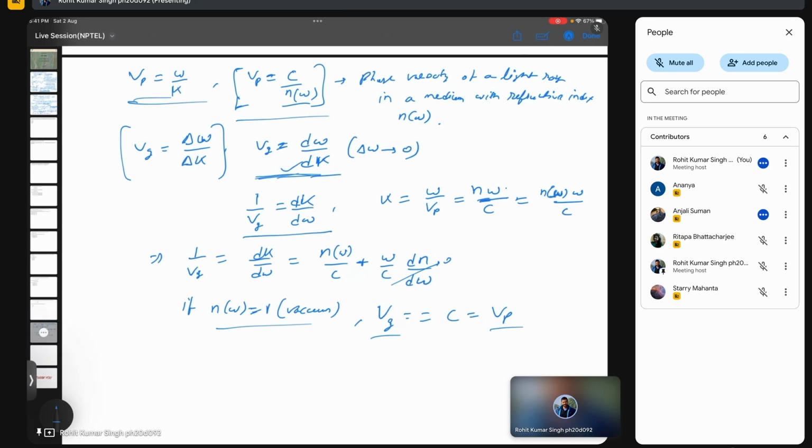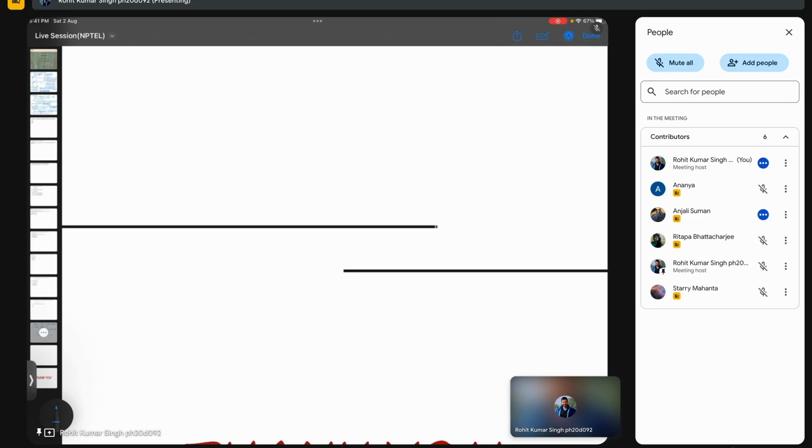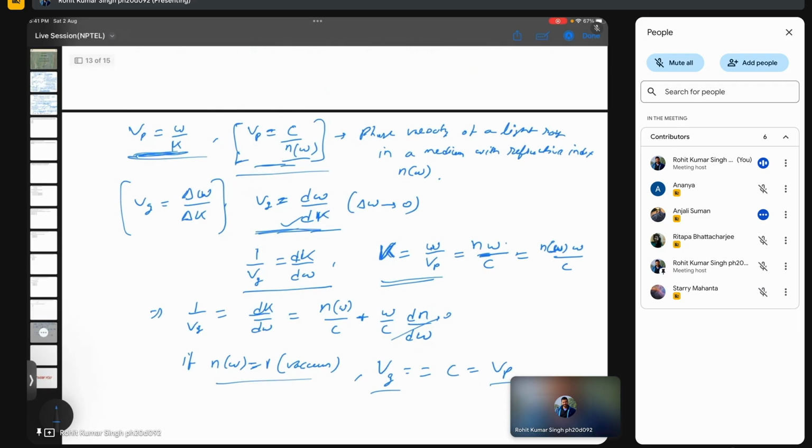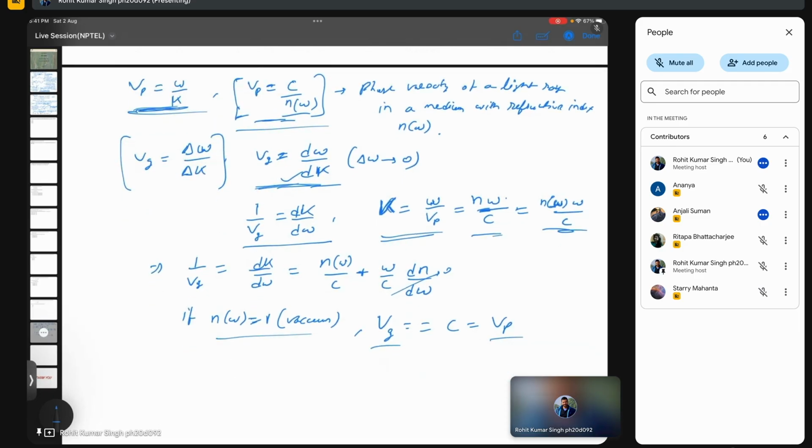Using it, we can write the wave vector k as omega by vp, and for vp we substitute c by n. Then we differentiated this wave vector with respect to omega and got this expression.